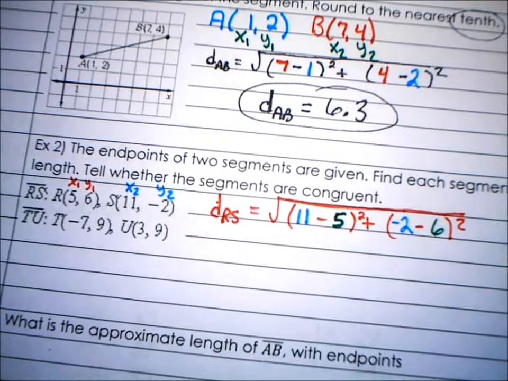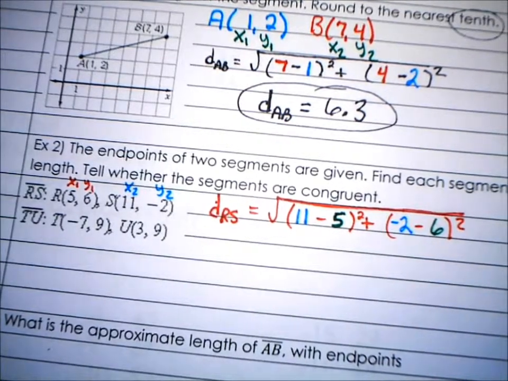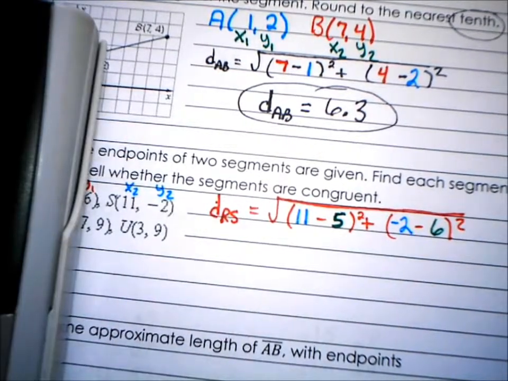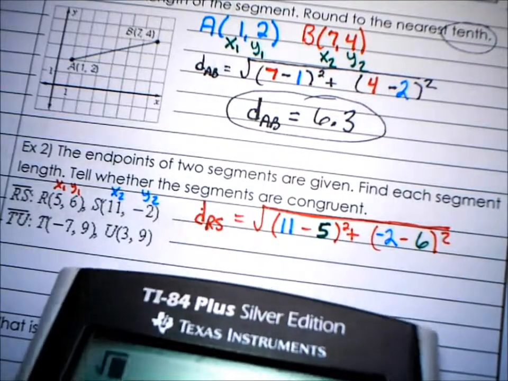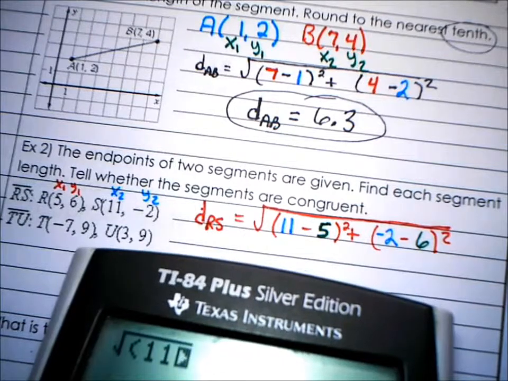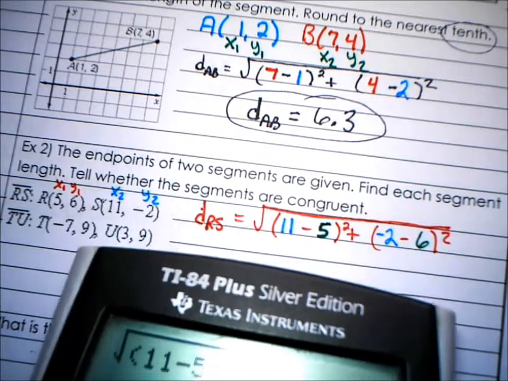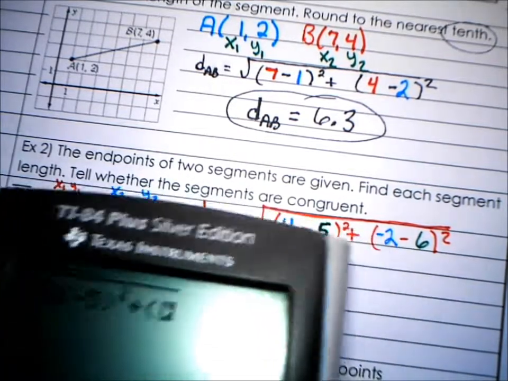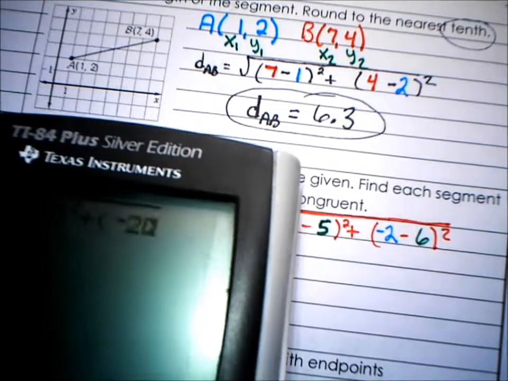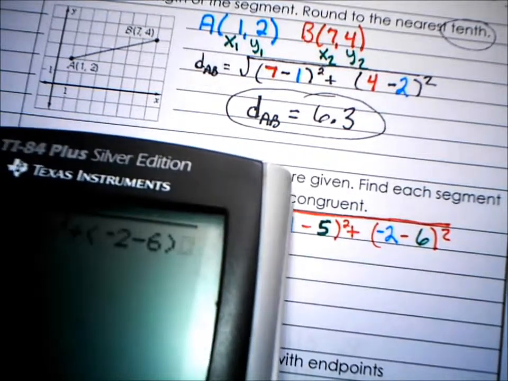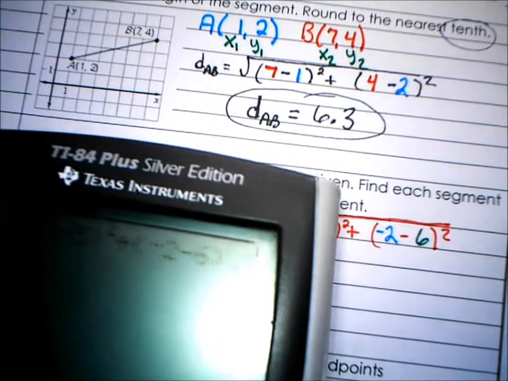Okay, grab your calculator. Let's type this one in. I'm going to clear what I had, do second square root, and then I'll have 11 minus 5 parentheses squared plus, open your parentheses, and I have -2 minus 6 parentheses and square this one.